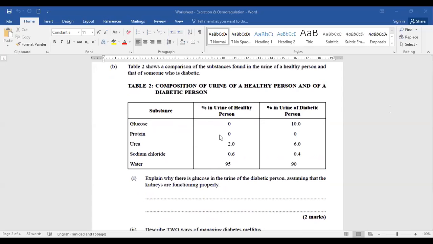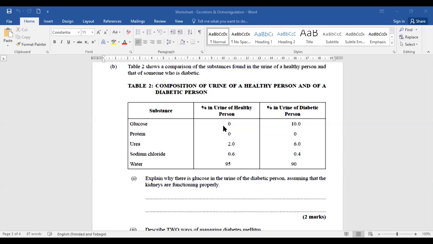Nobody is to find protein in the urine, right? Protein molecules are too big to pass through to enter into the Bowman's capsule. So you would have no protein present in urine at all, whether it's a healthy person or not a healthy person.